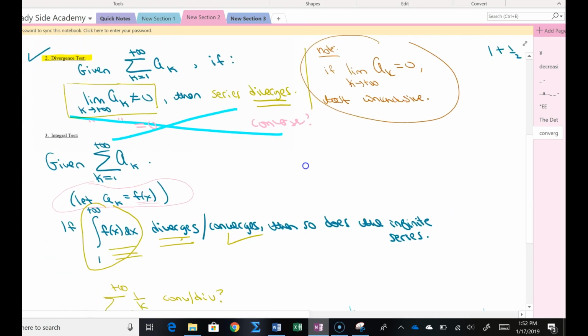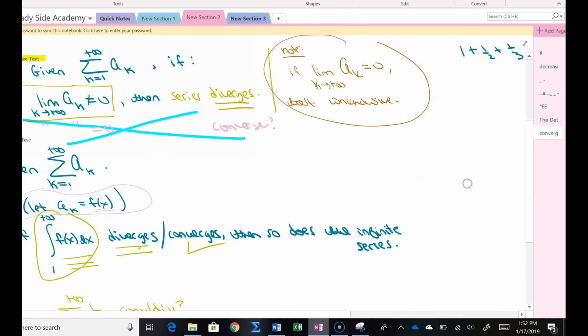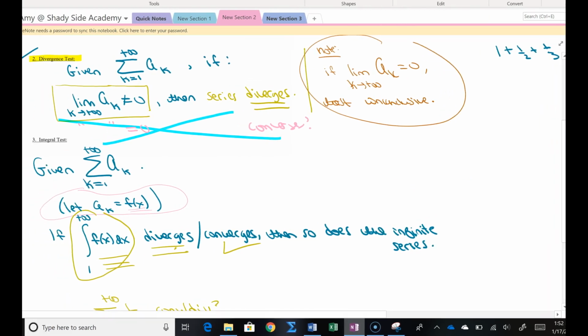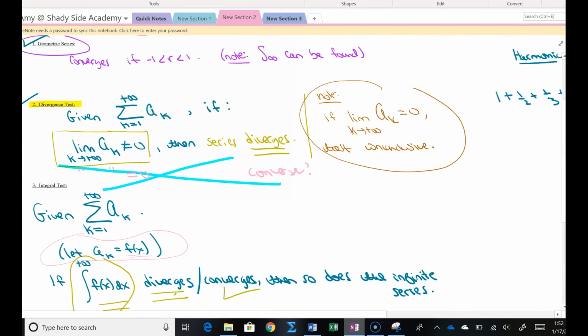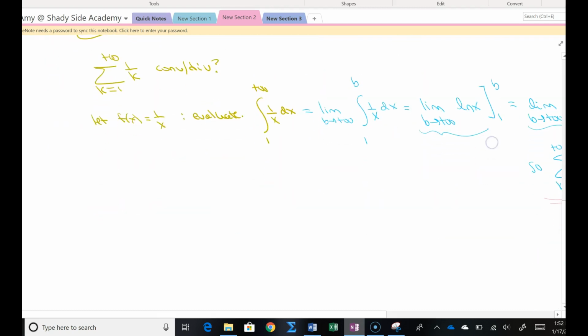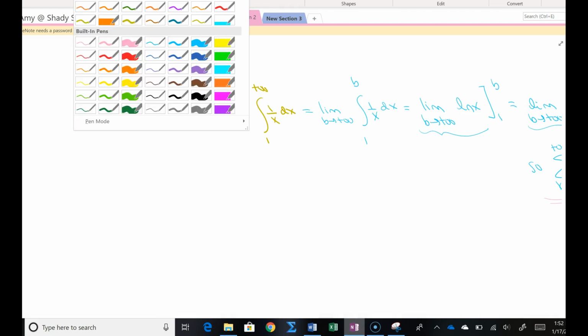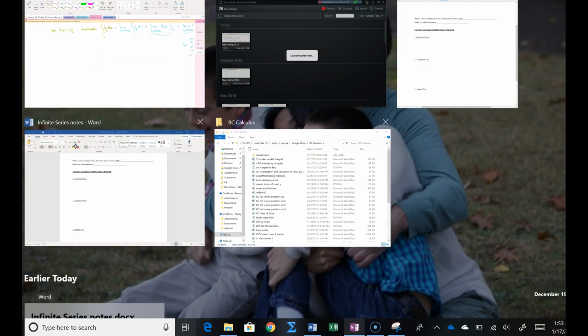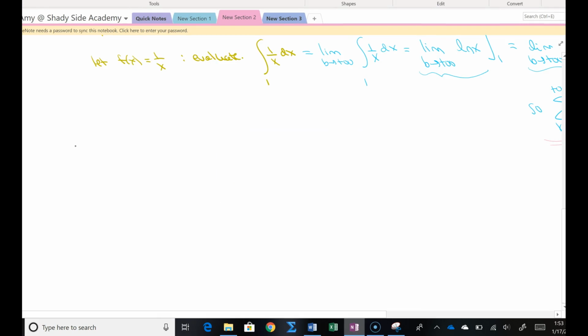You have 3 tests for convergence: the divergence test, the integral test, and the test if it's a geometric series. Here's what I recommend when using these 3 tests. When you are asked to determine whether a series converges or diverges, first and foremost, apply the divergence test.